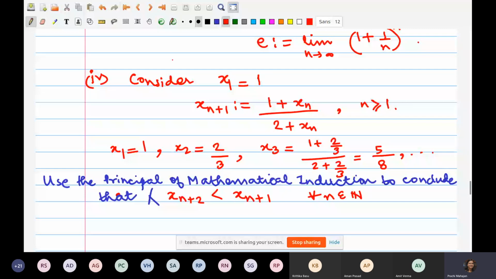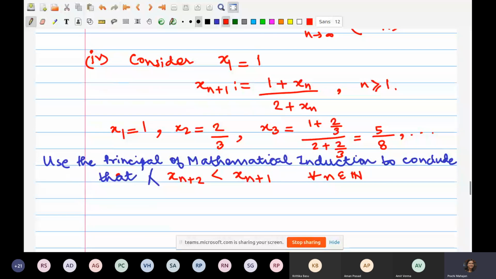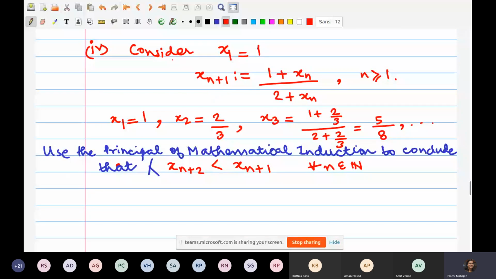Now, what else? In order to apply the monotone convergence theorem, I need to show that the sequence is bounded below. Correct? But that is easy, right? It is evident that each term of the sequence is positive, right from the definition.